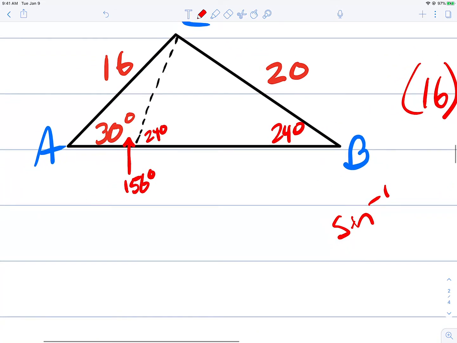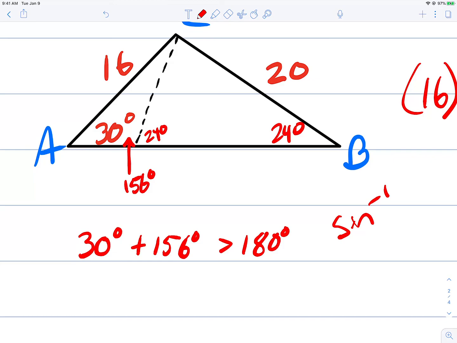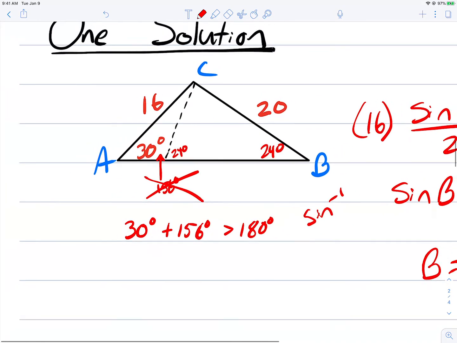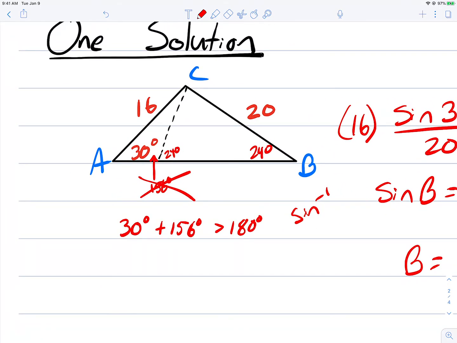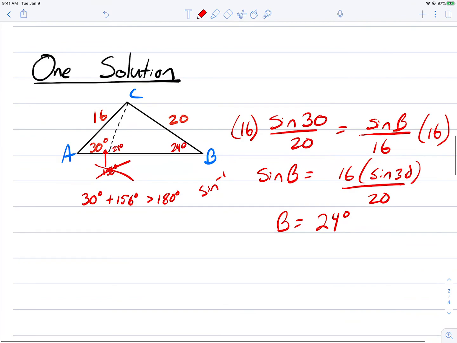Now we have to ask ourselves, can we have a triangle whose angles so far are 30 degrees and 156 degrees? And the answer is no, because 30 degrees and 156 degrees add up to something more than 180. So that means for this one, its supplement doesn't work because the supplement makes it too many degrees for a triangle to actually exist. So on this one, the supplement didn't work, and therefore there's only one solution.